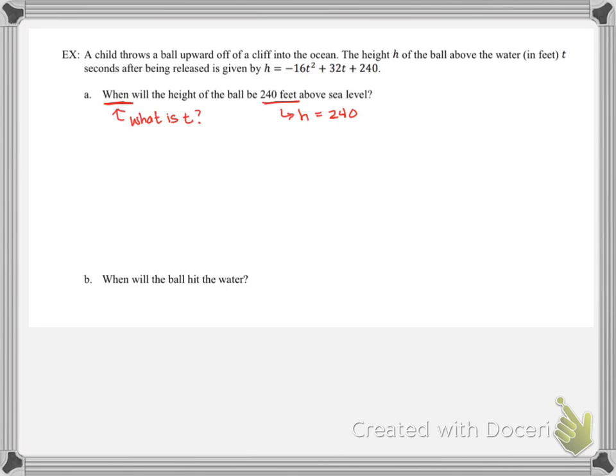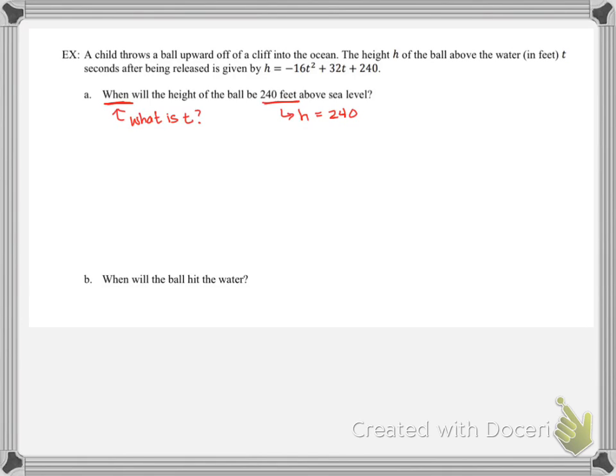And notice in these problems, I didn't list my unknowns and give them a variable because that was already done for me in the problem. They already told me in the problem what h represents and what t represents. So I don't have to say it again, although sometimes, especially when you get into problems where you have multiple equations and multiple variables, it's nice to make a list of what each one represents just so that you don't have to keep going back to the problem.